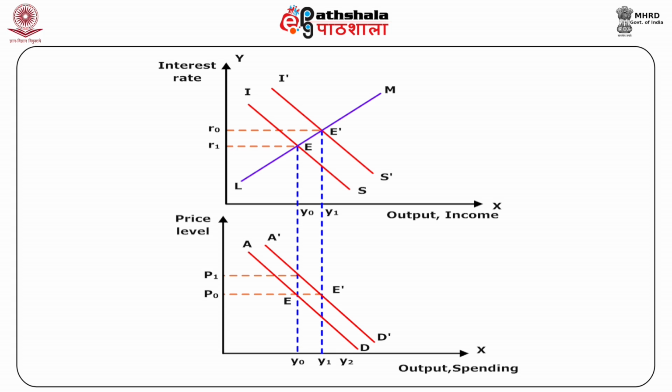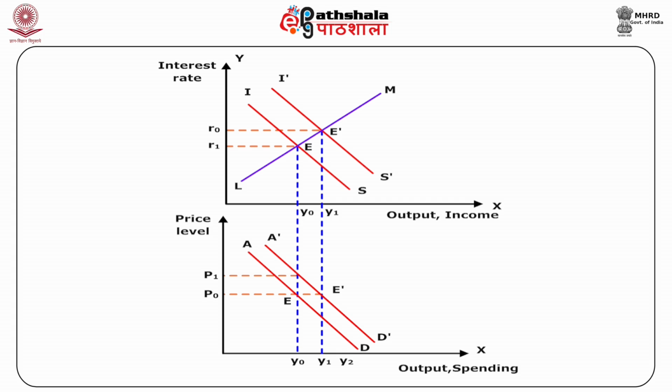And so, if we consider that the price level is the same, then there would be excess demand, that is E prime would be the excess demand. But if we consider a new aggregate demand function at the new price level, then the price level would go up for the same given level of output, which is Y0.